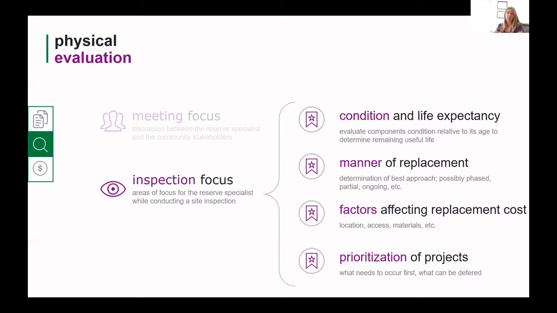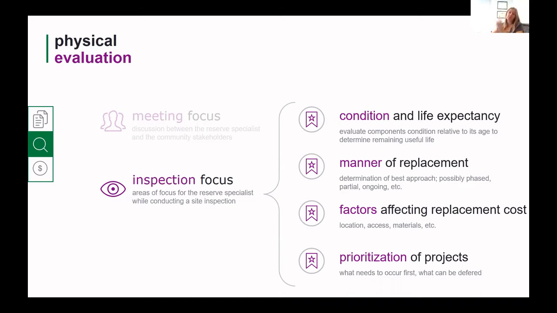Maybe it's a really large association that was constructed over various years, and therefore maybe the roofs or the pavement are in various conditions. Maybe it makes sense to phase replacement. Or maybe everything's in really similar condition. Maybe it's a mid-rise building and all of the carpet is worn relatively the same, and you want it to aesthetically look the same. So maybe that is something we're going to coordinate and do at one time.